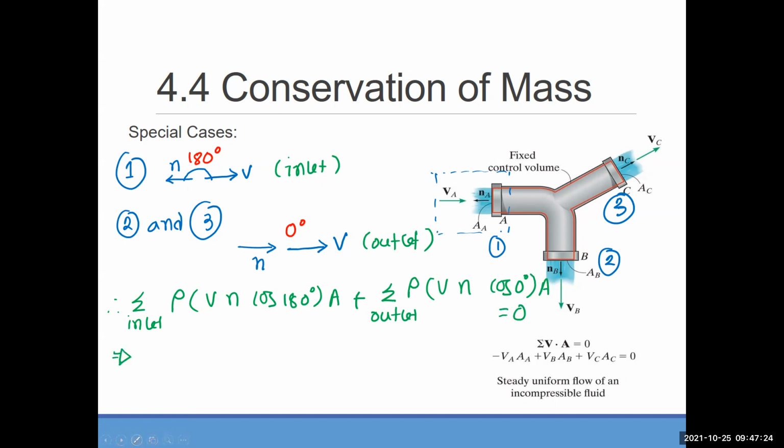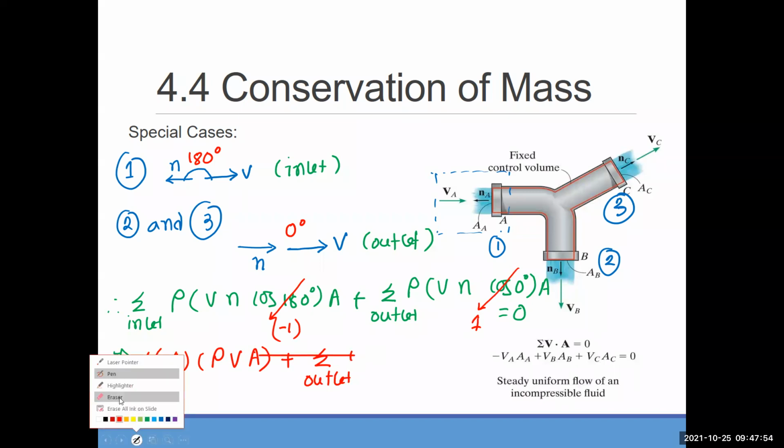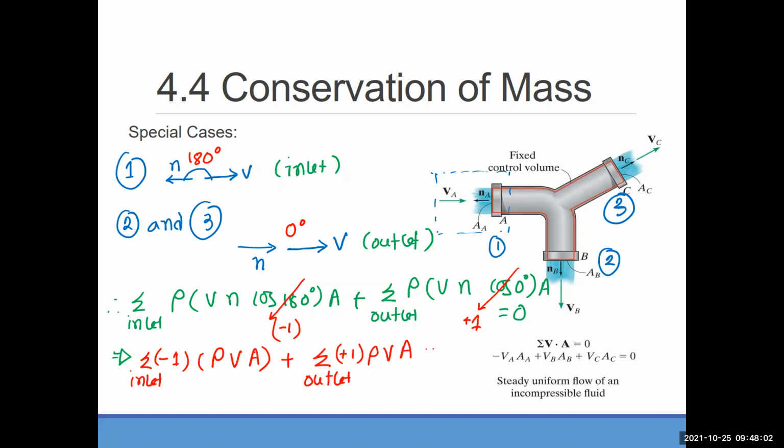What is the value for cosine 180 degrees? -1. And what is the value for cosine 0? So can I write down this way? -1 rho V A, plus 1 rho V A equals 0.